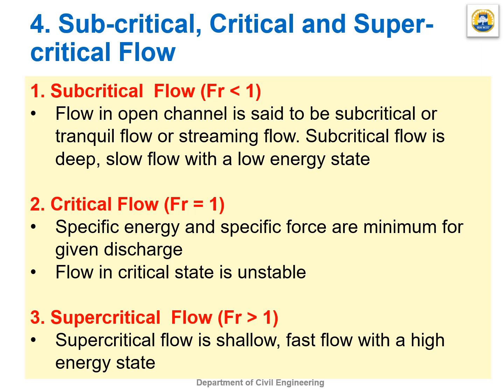Flow in the critical state is unstable. For supercritical flow, the Froude number is more than 1, the flow is at a shallow depth, fast flow with a high energy state. So based on the Froude number, the flow can be categorized as subcritical, critical and supercritical flow, and based on this classification, the specific energy can also be calculated.